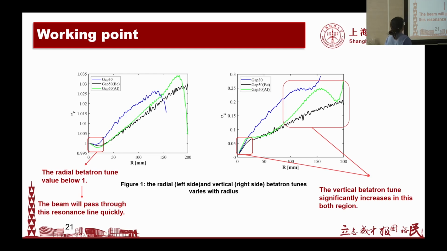So the beam will pass through the resonance line mu r equal to 1 quickly, so it can be acceptable in the central region.